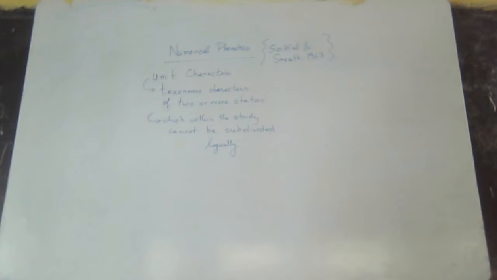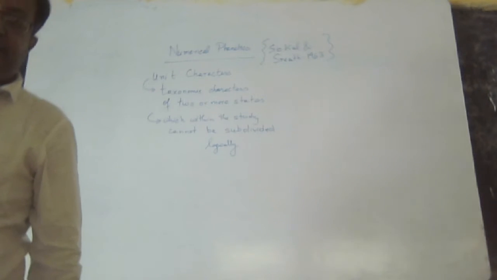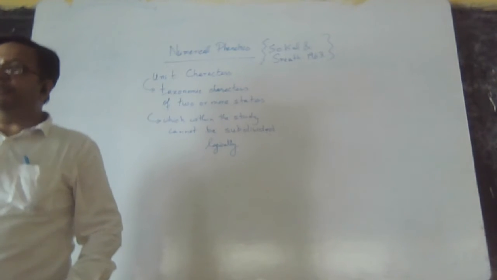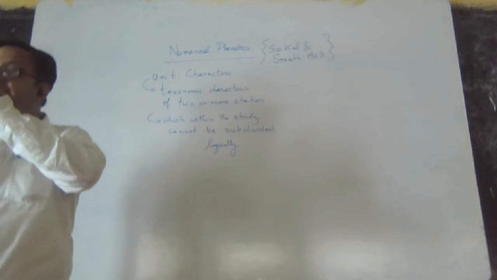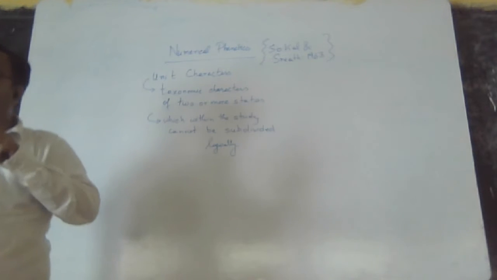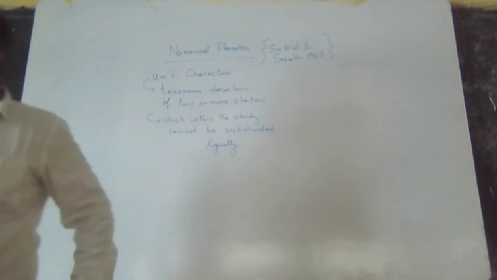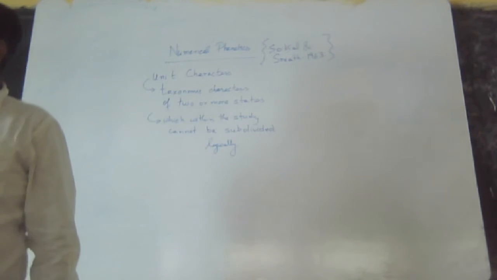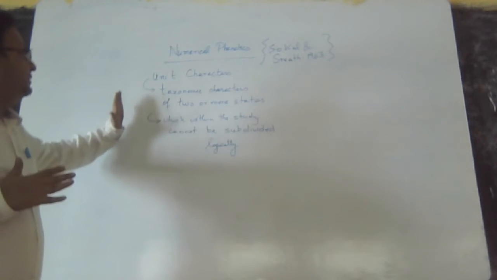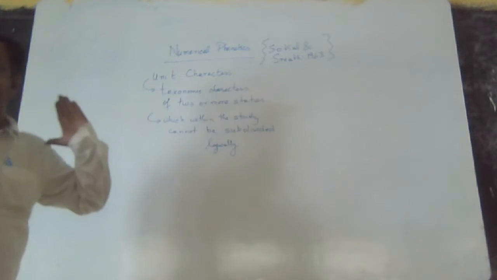So in the context of my study, 4 fingers or 5 fingers, 1 finger is actually the unit character. It cannot be subdivided. You cannot say it's half a finger. You say 4, 5, 3, 2, 1. So this is the definition of unit character.